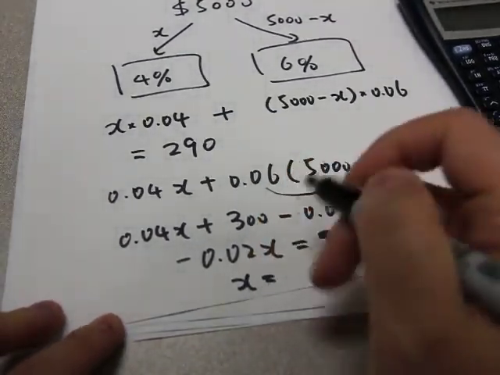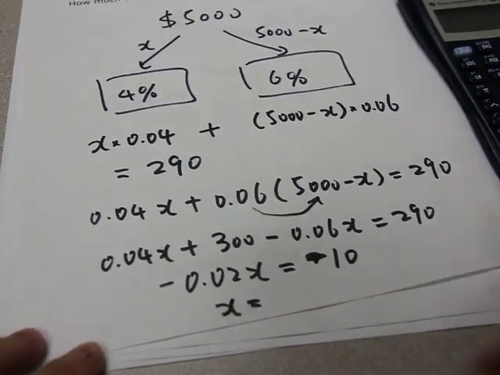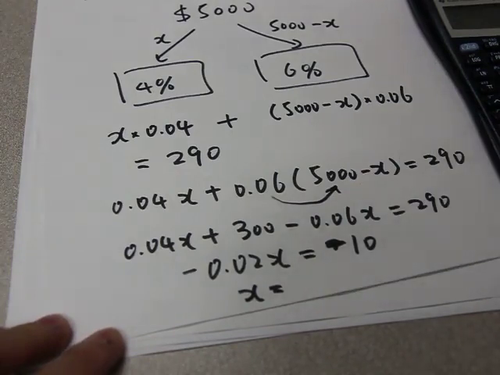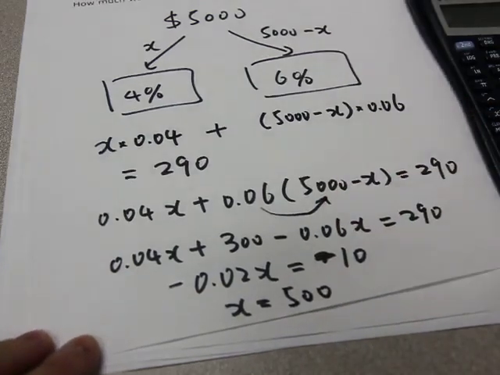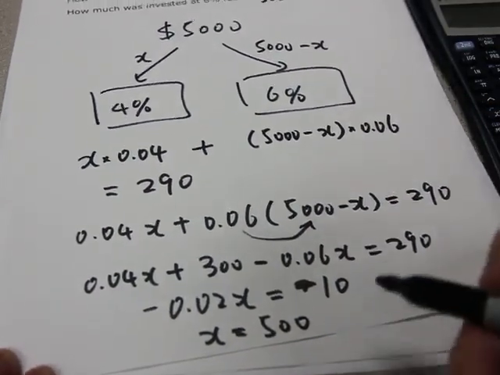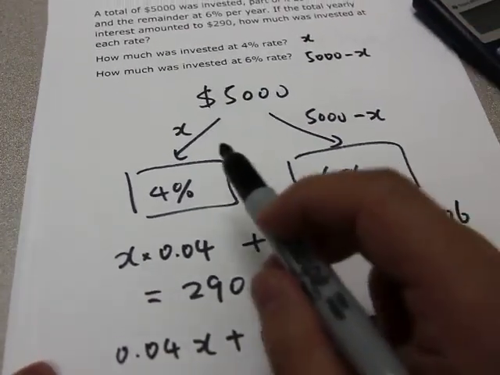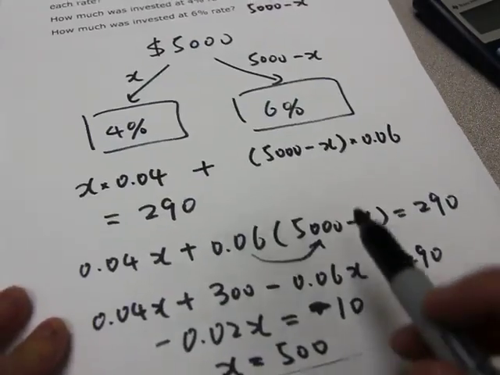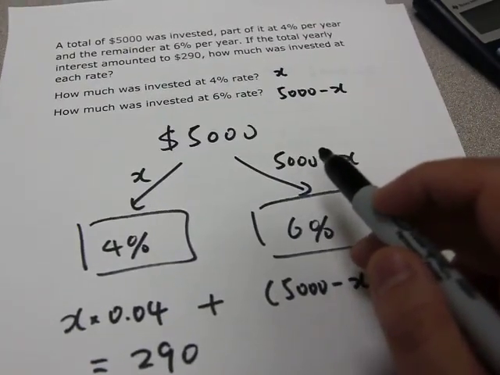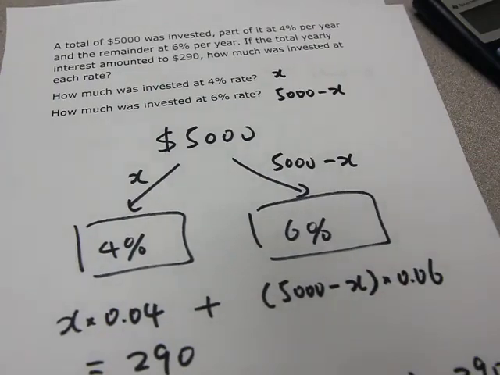So x equals negative 10 divided by negative 0.02. So that is 500. So therefore, $500 was invested at 4% rate, and the remainder, $4,500, was invested at 6% rate.